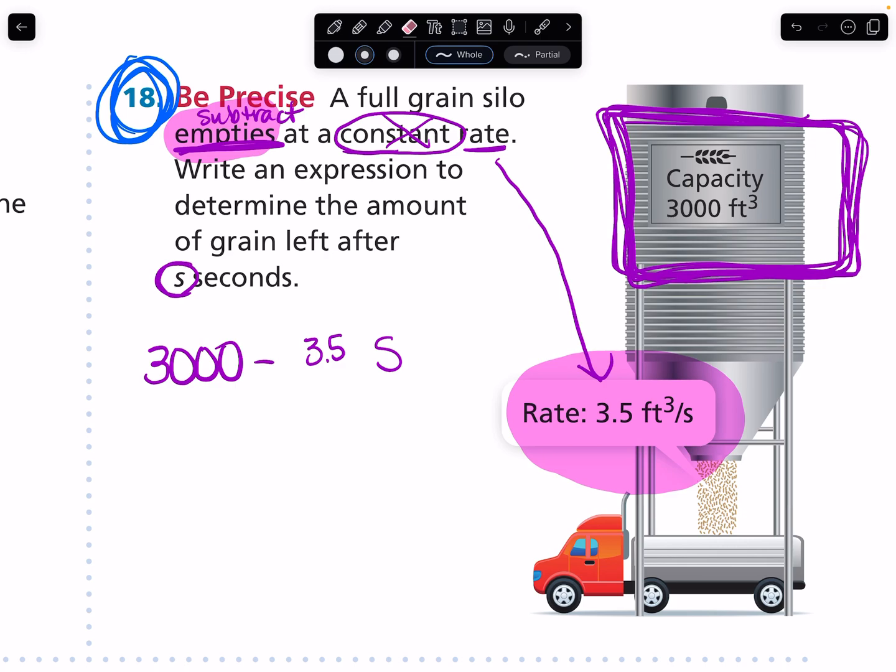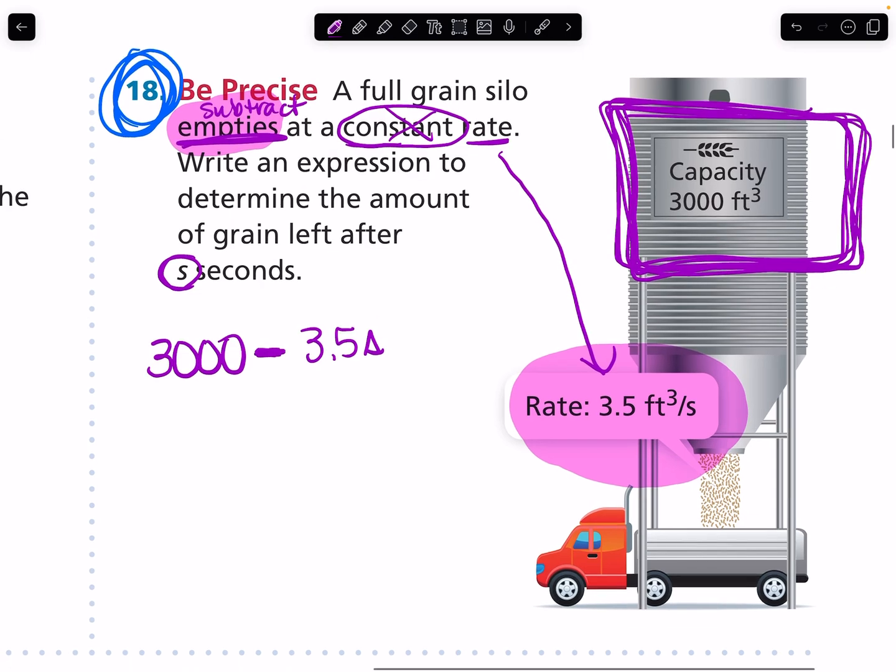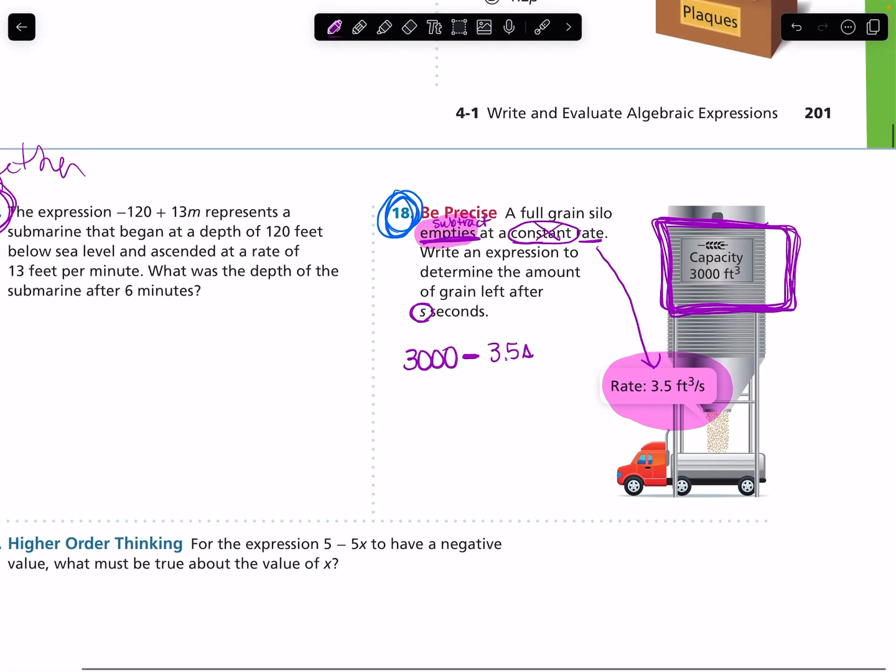How it changes involves the variable. So that is what we're going with. We start with the 3,000, and it's going to change because it is losing 3.5 feet per second of that grain. So I'm trying to make these word problems as simple to put together as you can.